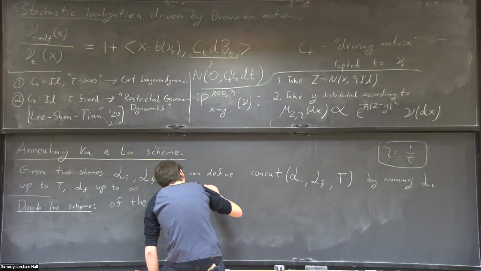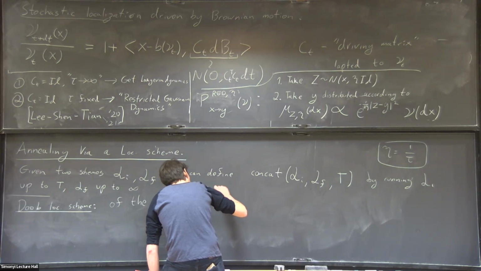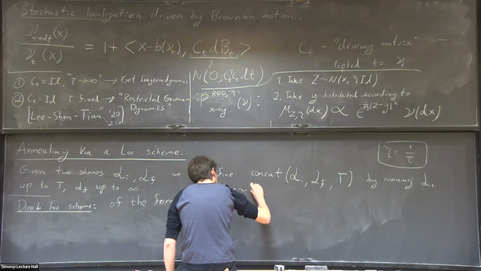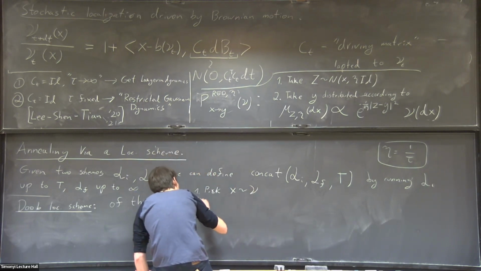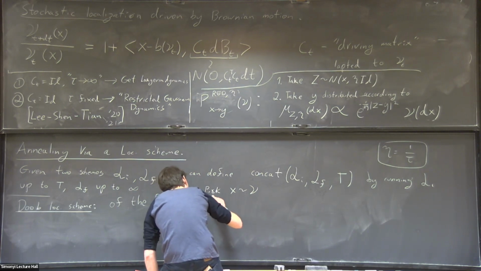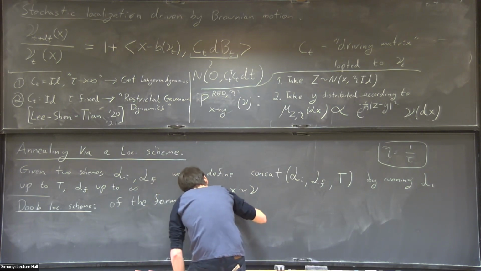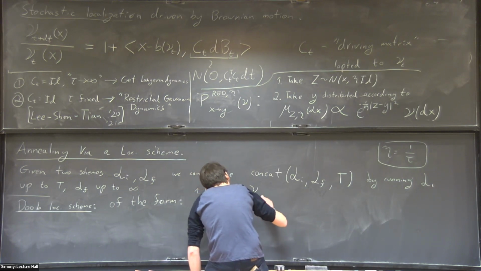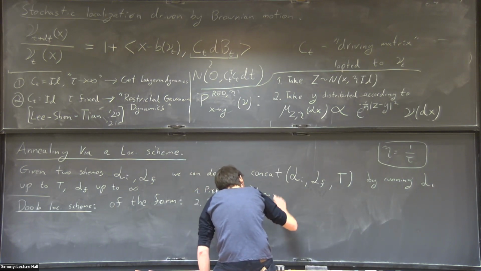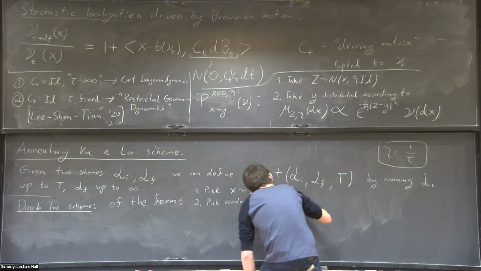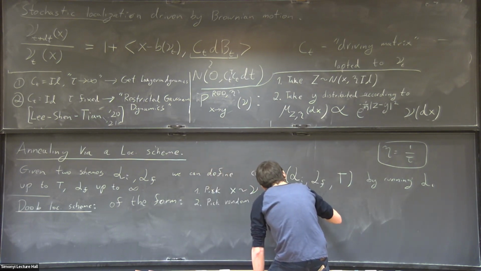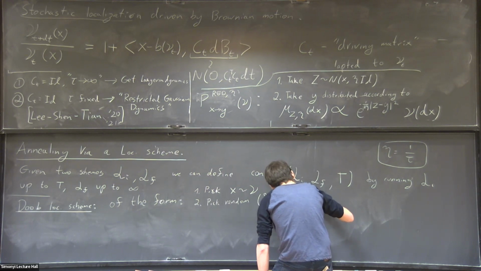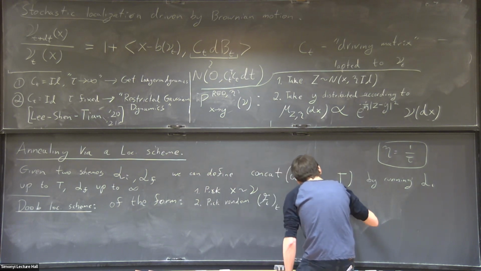One, pick x according to mu. Two, generate a random filtration F_t on omega.